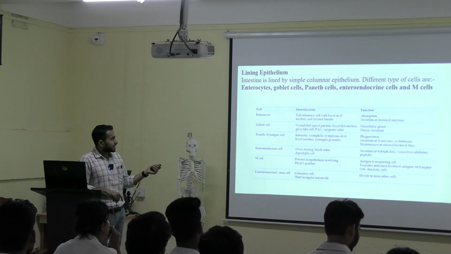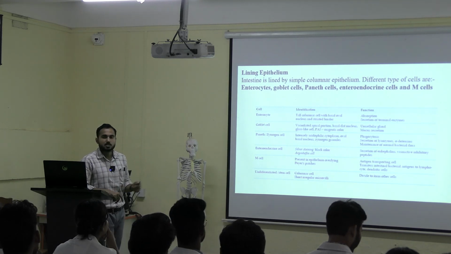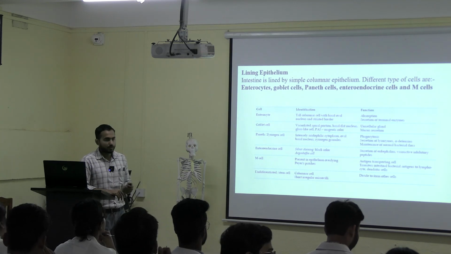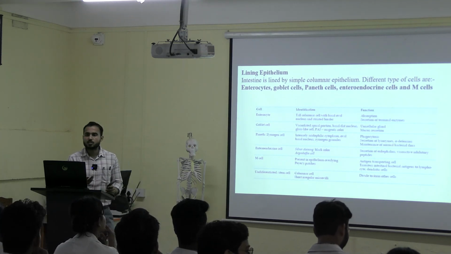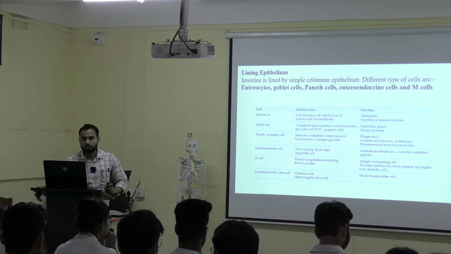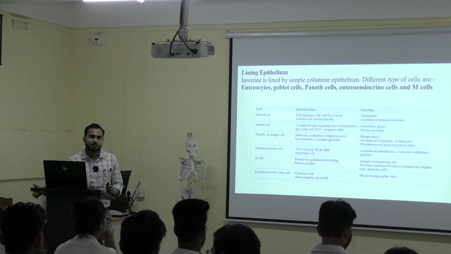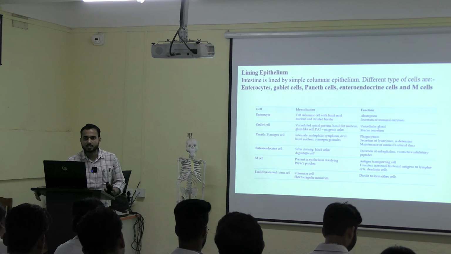Next, goblet cells are there. Along with the enterocytes or the lining epithelium, we are getting goblet cells. Why are they present? To secrete mucus. Very important. Here also a similar appearance will be there. In the goblet cell you will see it is empty under the microscope, because whenever the processing was done, the mucus which is present is completely removed, washed away.